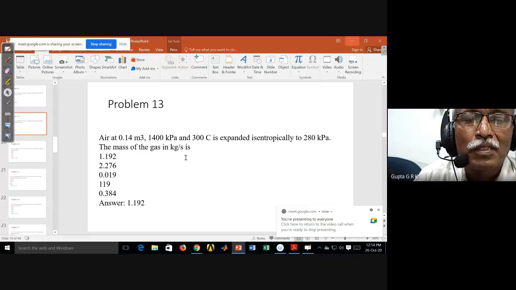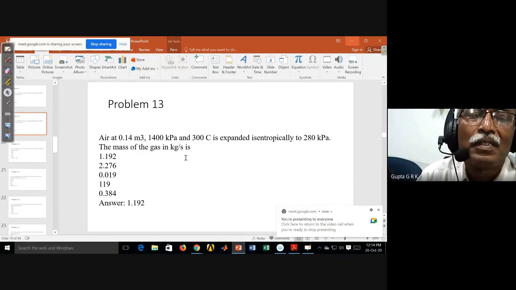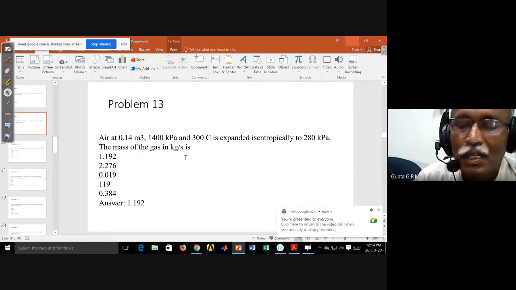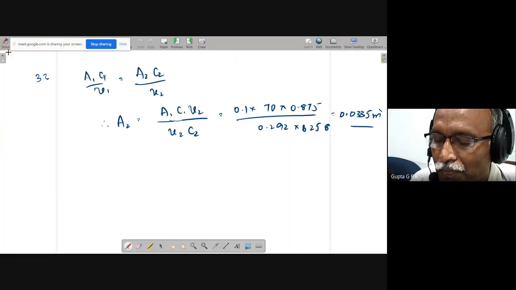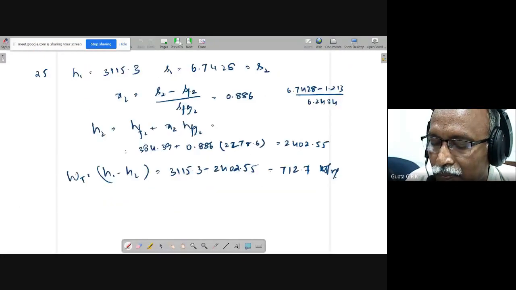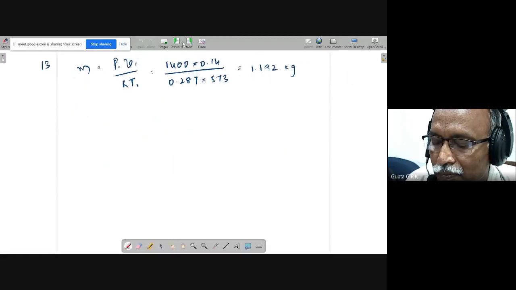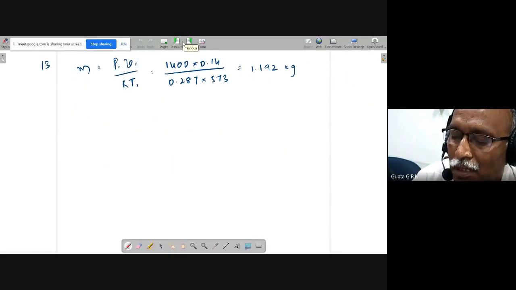This is P1 V1 equal to MRT1. So using that, I have to find M. M is equal to P1 V1 by RT1.